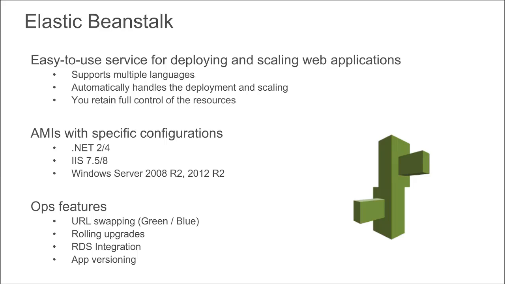Some other nice features are URL swapping, or blue-green deployment. So I can have hot sites, install my test code, and then basically switch the URL over to the new site after I've tested, made sure it works. The old site is still up, and so if we need to fail back, we can easily switch the URL out and go back to the other site. So some pretty cool stuff in Elastic Beanstalk.